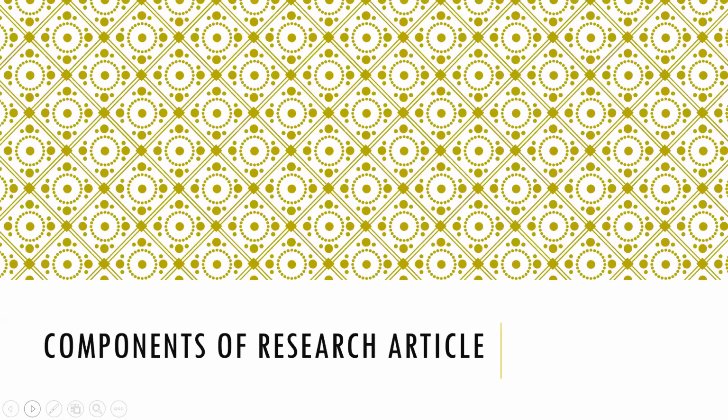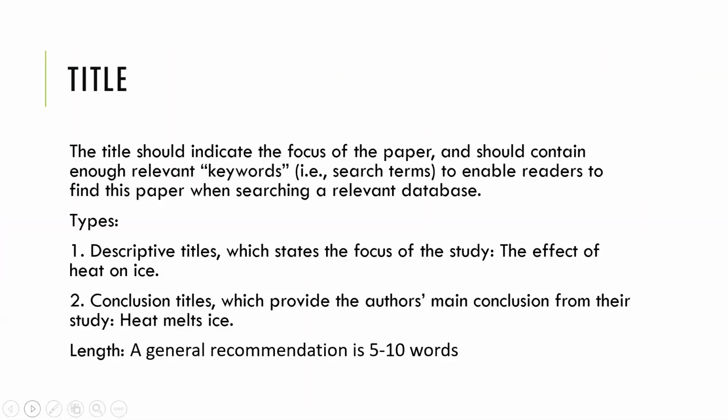So, the main components of the research article. The first thing that you see in the research is the title. The title is one of the things you should pay attention to, because before reading the article, we will read the title.